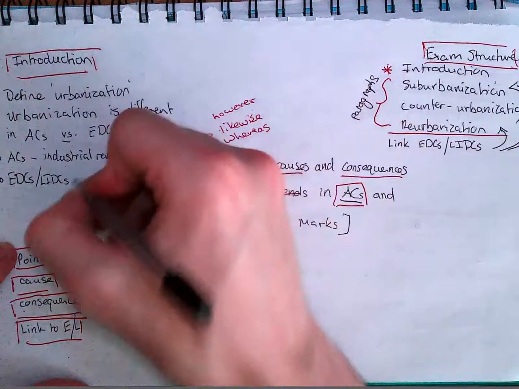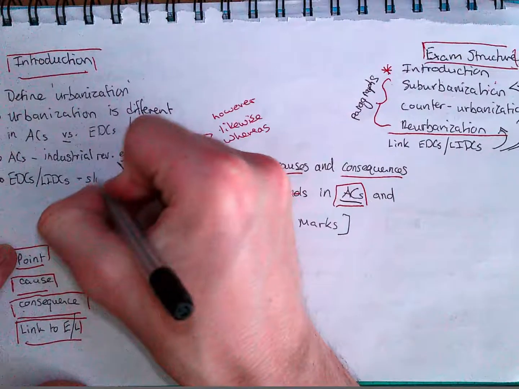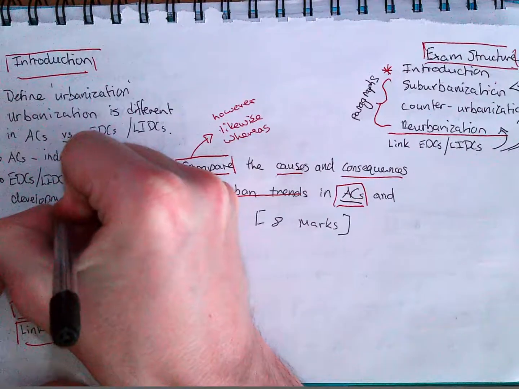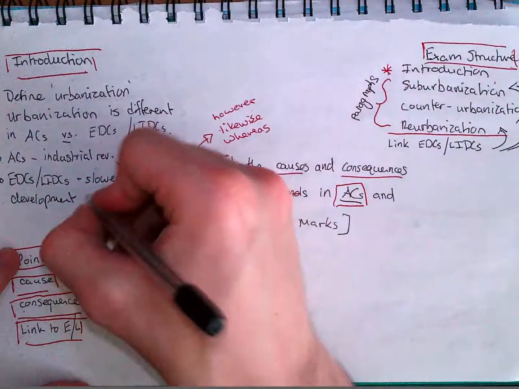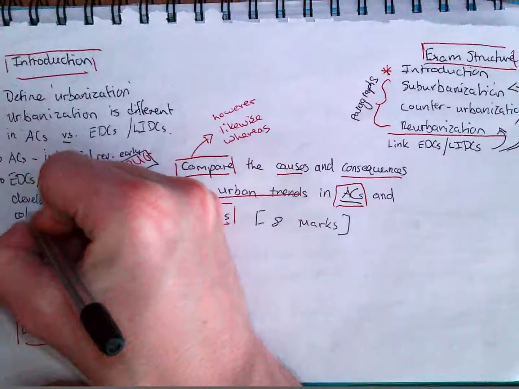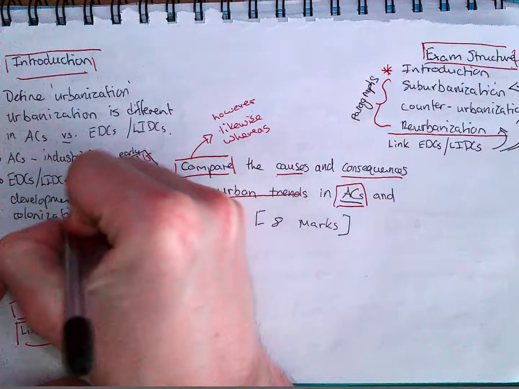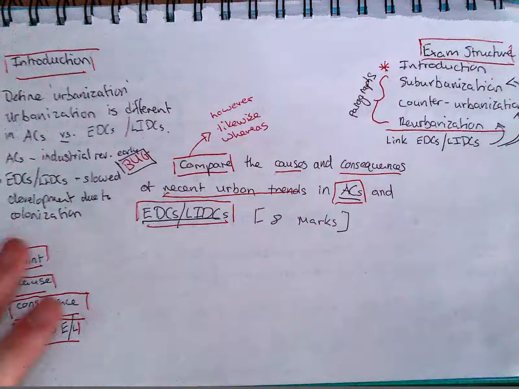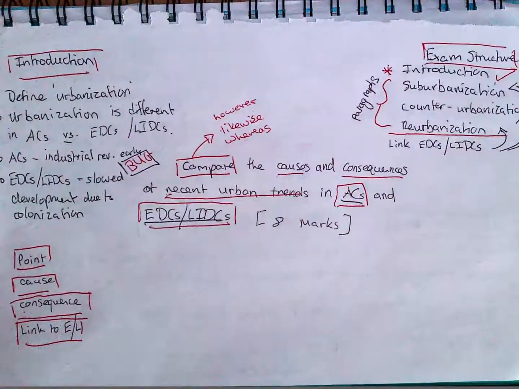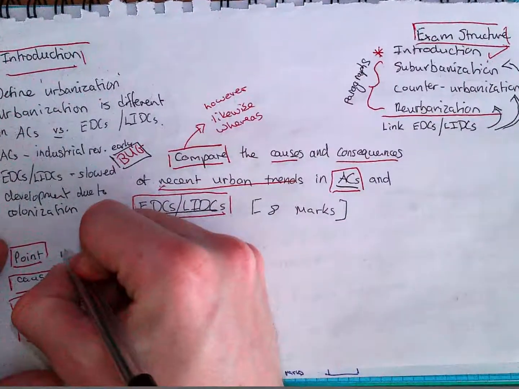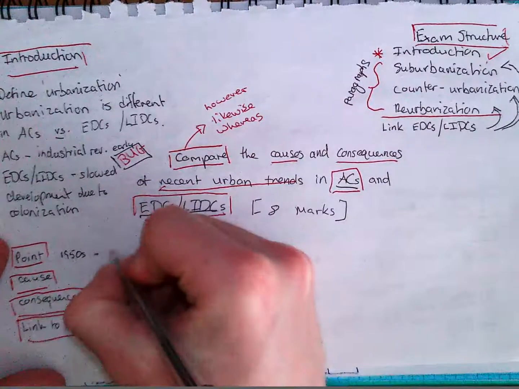The reason for that was because they had slowed development as a result of colonization. And that takes us really nicely, because we've already built up an idea in the examiner's mind that we know what we're talking about. We've got our introduction done, and we're now going to go into the first PEEL paragraph, and that's going to be the point. In the 1950s, suburbanization happened.